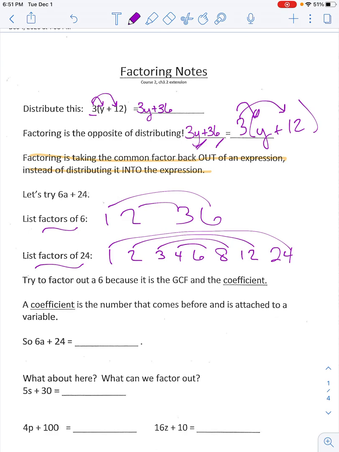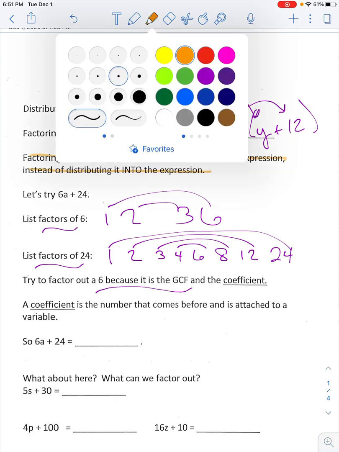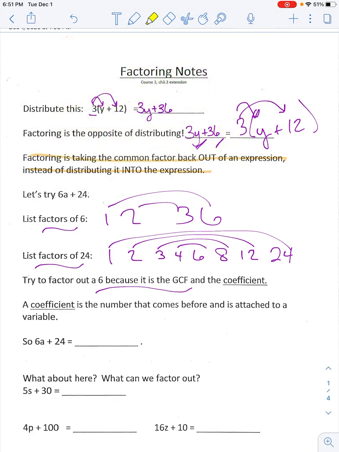Okay, so the next thing you want to do is see what they have in common, or the greatest common factor. If you look up at the factors that we just listed, they have a 6 in common. So try to factor out a 6 because it is the greatest common factor.